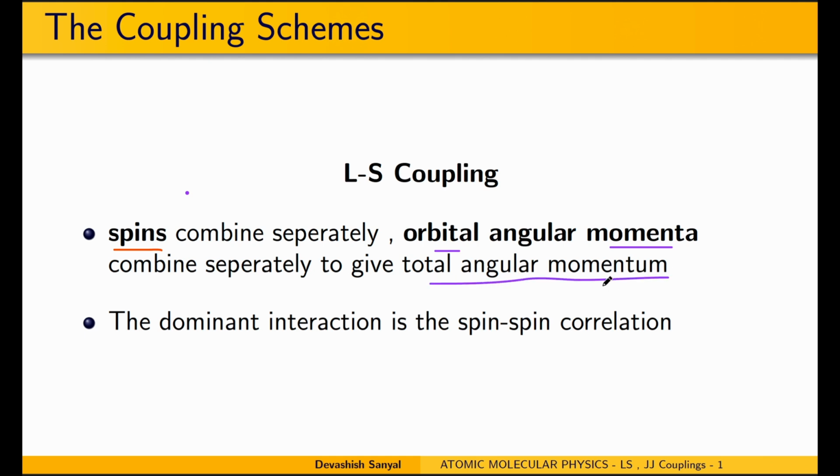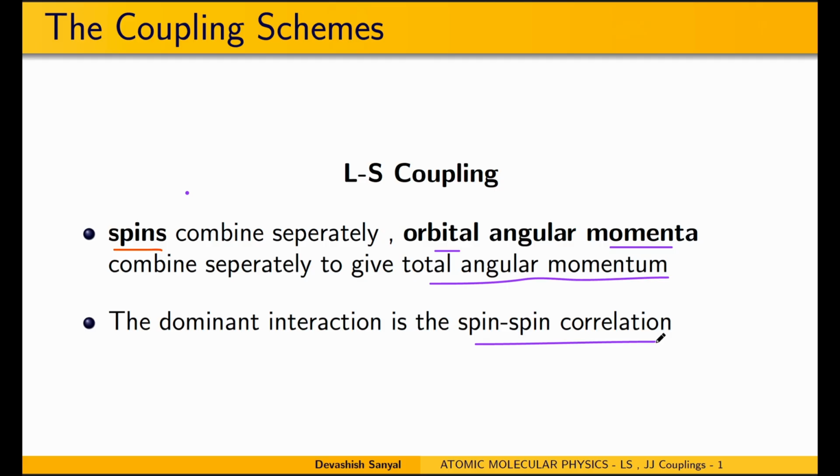That is the scheme of LS coupling. After Coulomb interaction, the most dominant interaction that contributes to LS coupling is the spin-spin correlation. Because of spin-spin correlation we have this LS coupling scheme.